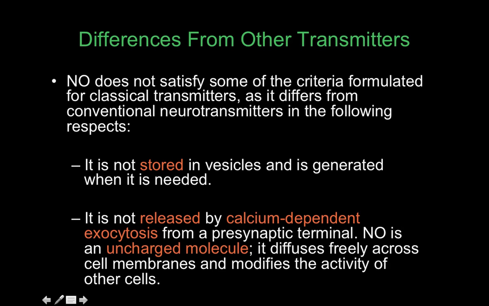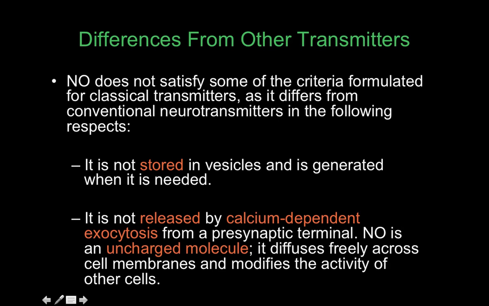If you look at acetylcholine, glutamate and GABA, they were all stored in vesicles. We don't have vesicles containing nitric oxide. That is probably a good thing because nitric oxide is very reactive and that could have caused a lot of problems for the cell.